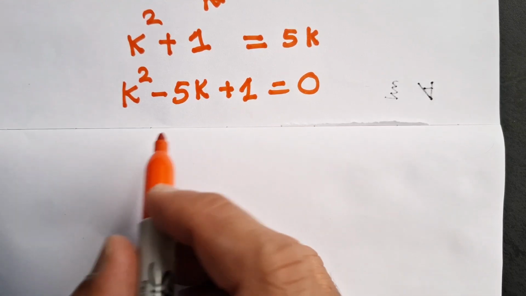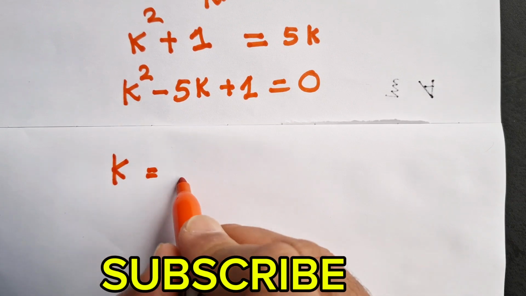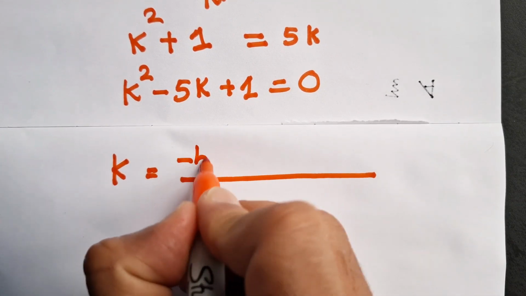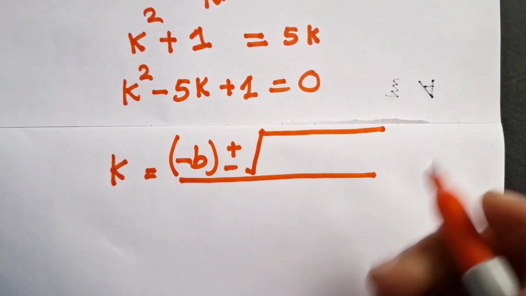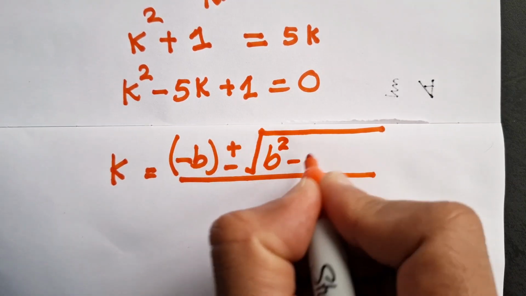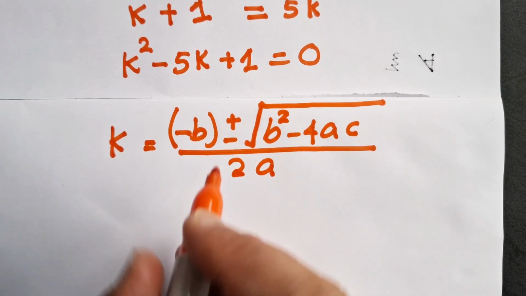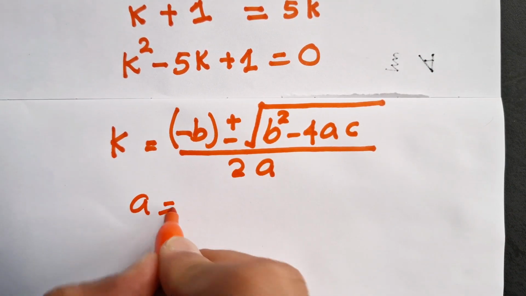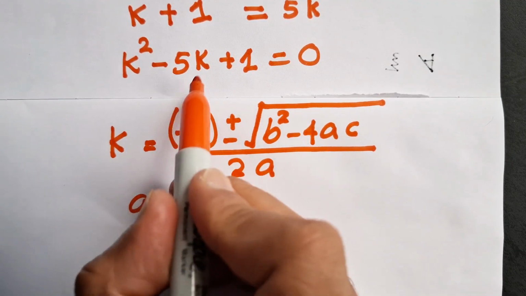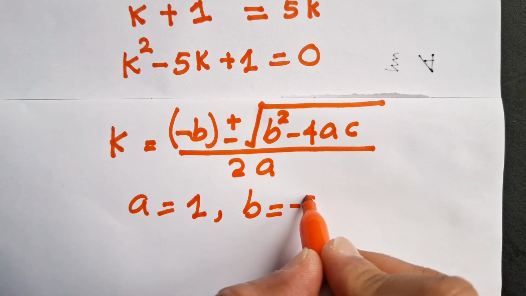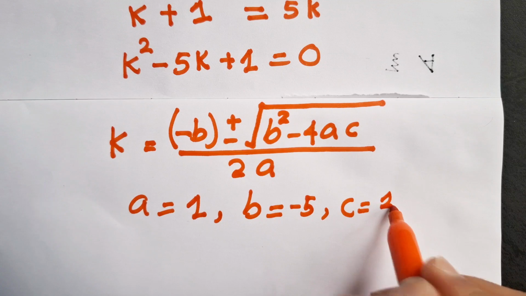According to that, the roots of k are given by k is equal to minus b plus or minus square root of b squared minus 4 times a times c, divided by 2 times a. So according to our quadratic equation, a is the number in front of k squared, which is equal to 1. b is the number in front of k, which is equal to minus 5. c is our constant, which is equal to 1.